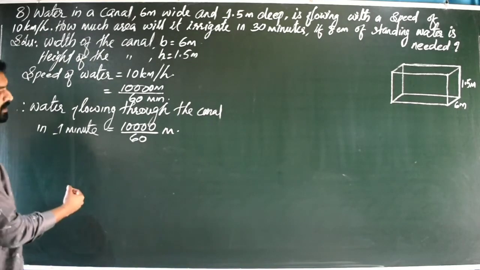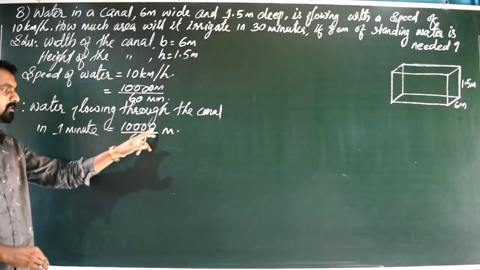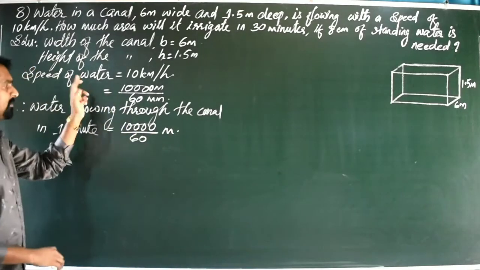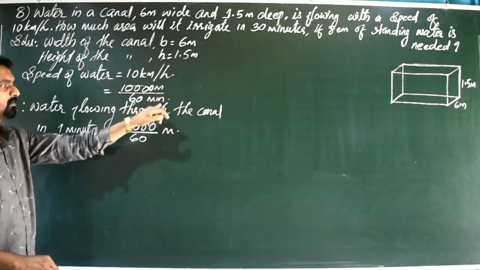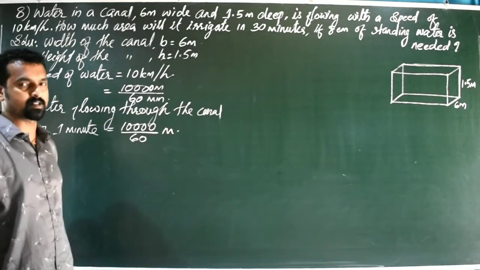So here we can write that in 1 minute it will cover 10,000 divided by 60 meter. The speed of water is 10,000 meter divided by 60 minutes, which means in 60 minutes it will cover 10,000 meter.